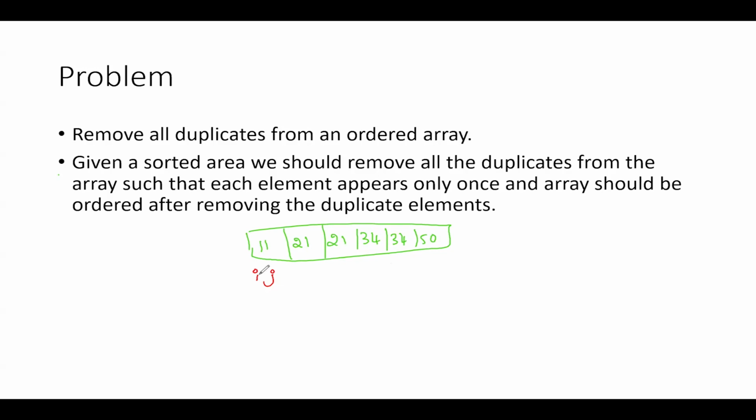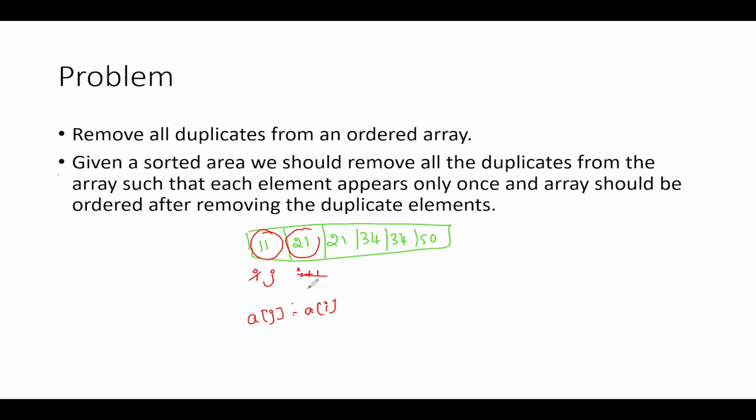Here, I take i and also i plus 1, and compare if they are the same. In this case they are not the same, so I say A of j equals A of i. Since it is in the same place, that is fine in this first case.